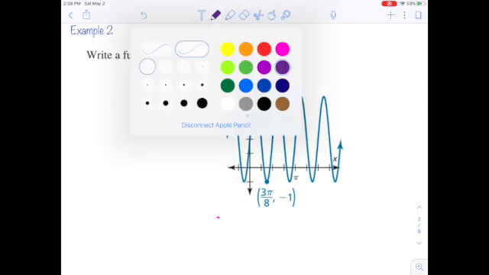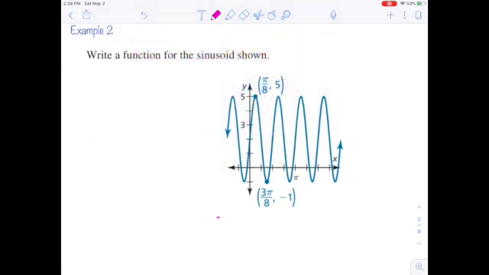I first look at the very beginning of the graph. I go find my y-intercept. I find one period. So it starts in the middle, goes high, here's another critical point, and then goes low, and then one full cycle, goes back up to the midline.